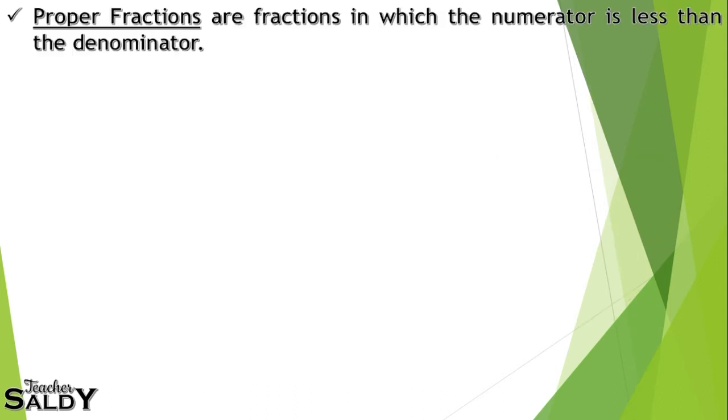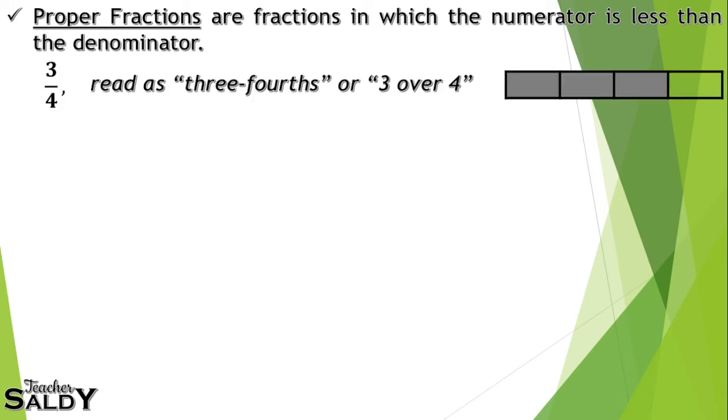The next one is what we call proper fractions. These are fractions in which the numerator is less than the denominator. So let's have examples. 3/4. So it is what we call a proper fraction because the numerator is lesser, or is less than the denominator, which is 4.